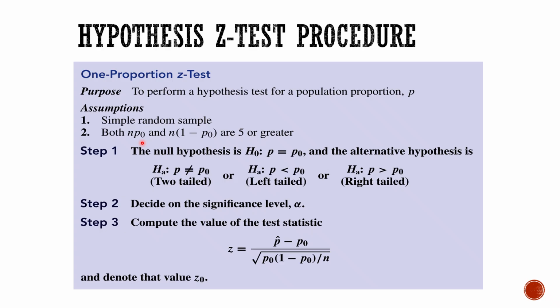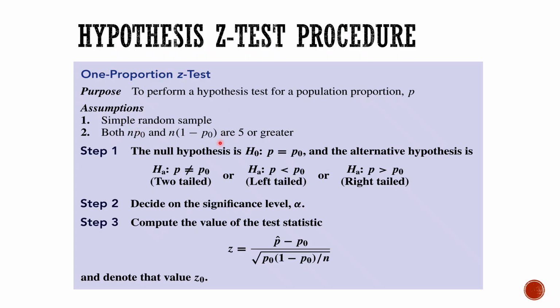So that should be given to us in the question. So we have to take that proportion of the null hypothesis and multiply it by the sample size, and also do the same for 1 minus p sub 0, and both these values should be greater or equal to 5.